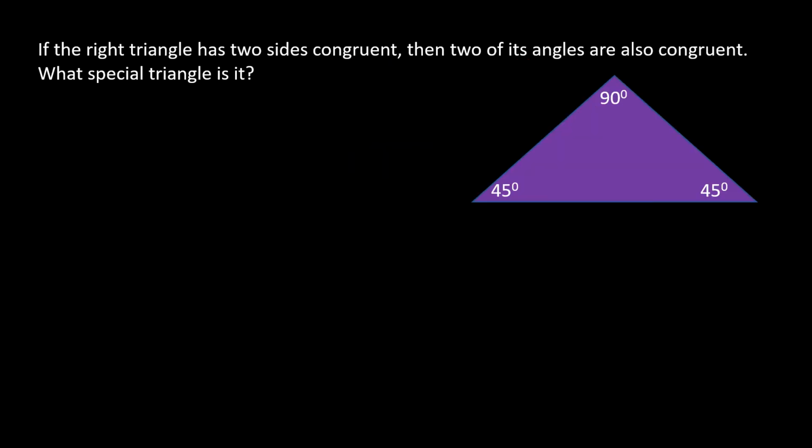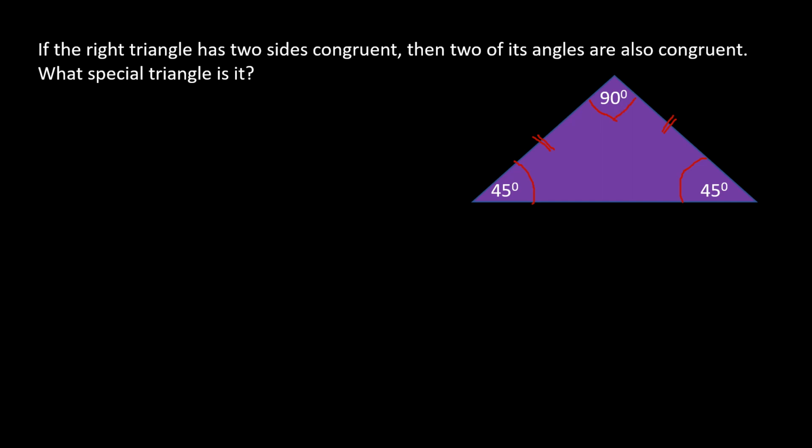If the right triangle has two sides congruent, then the two angles are also congruent. What special triangle is it? So the two sides which are congruent are these sides, which are opposite to the 45 degree angle, and the largest angle is 90 degrees.